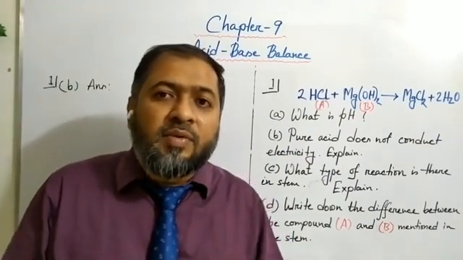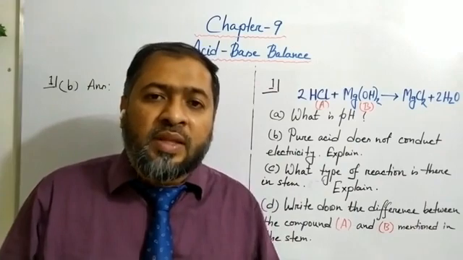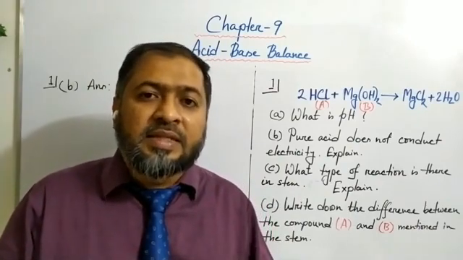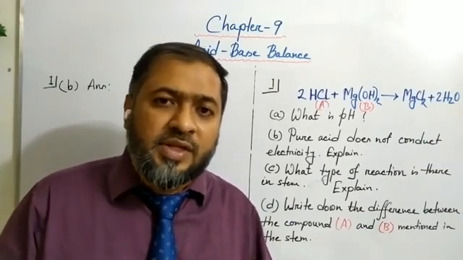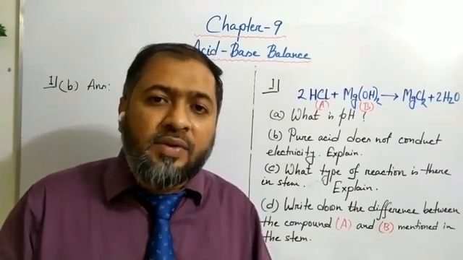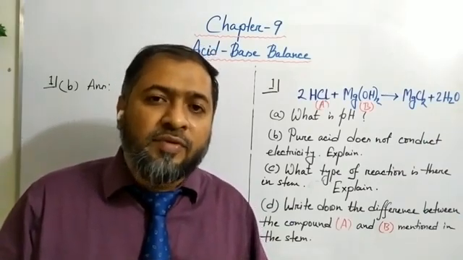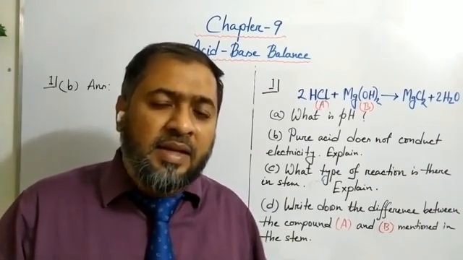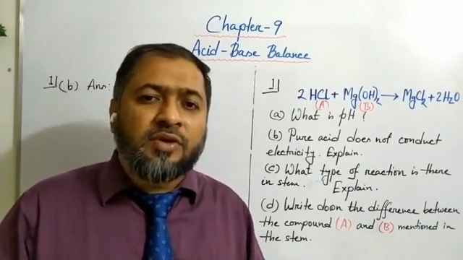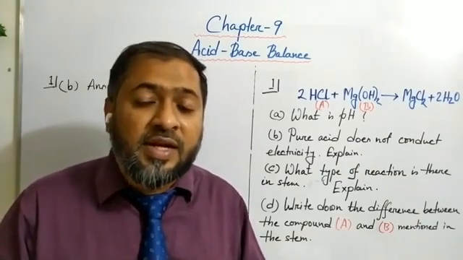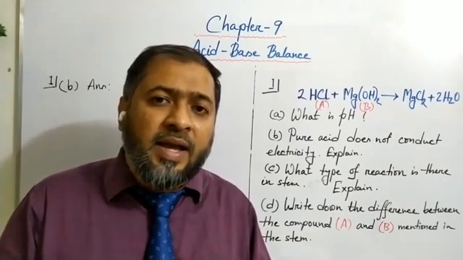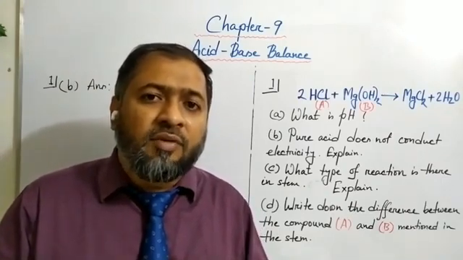When we discuss acid solutions, we classify them in two different groups: dilute acid solution and concentrated acid solution. In dilute acid solution, the amount of acid is much less than the amount of water. But in concentrated acid solution, the amount of acid is higher than that of water.